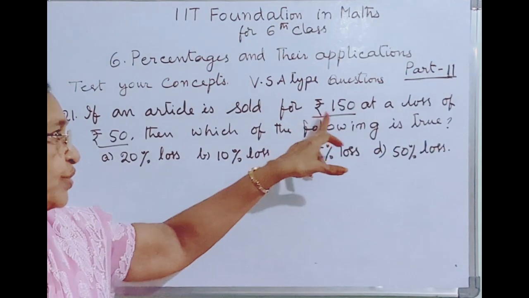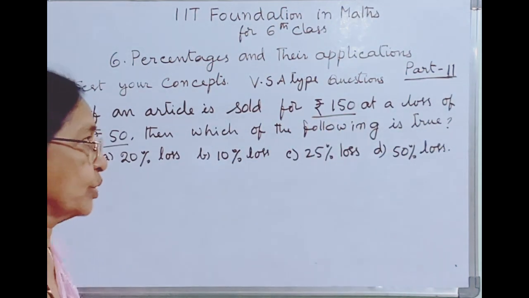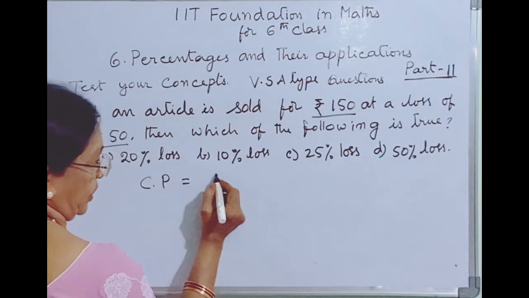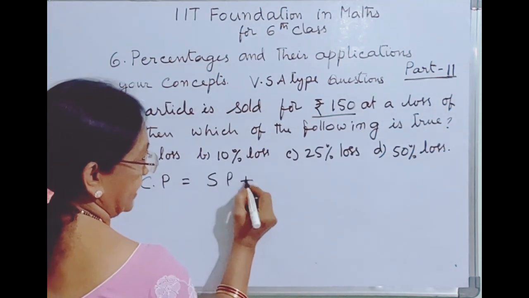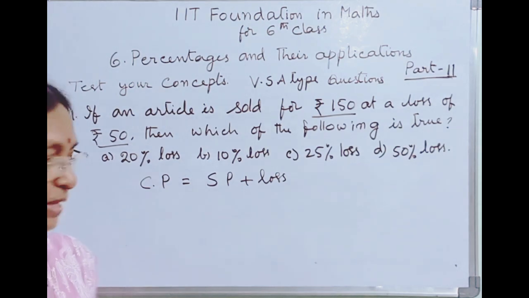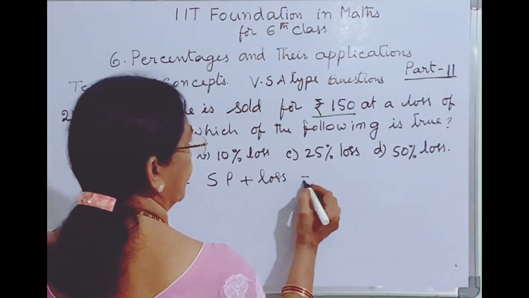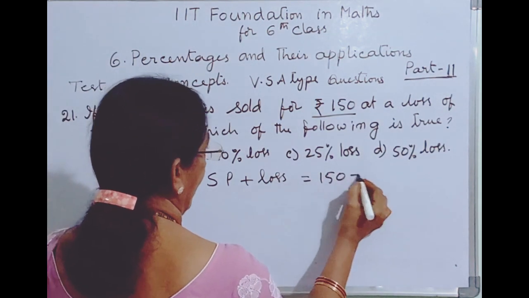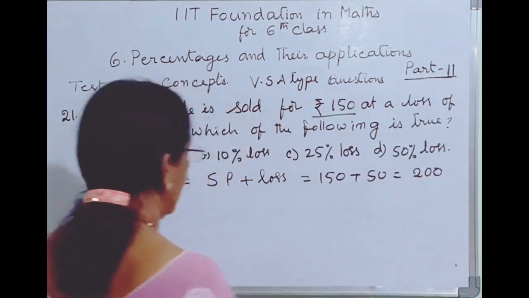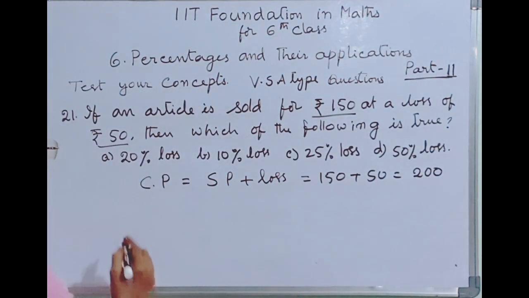The article is sold for 150 rupees, so we have to calculate the cost price. Cost price is equal to selling price plus loss. Selling price is rupees 150 and the loss is rupees 50, therefore cost price is 200 rupees.